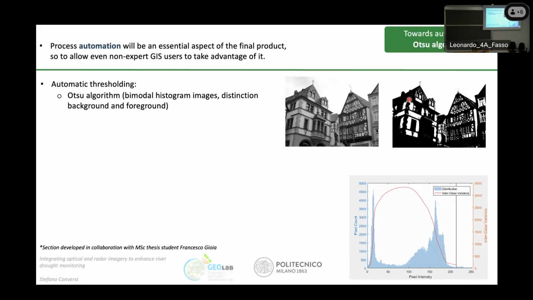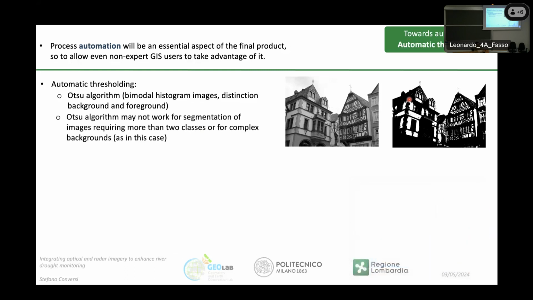We found this algorithm, an automatic thresholding algorithm for which, given bimodal images, the system is capable of autonomously extracting the value that maximizes the interclass variance, and so the value that can be used for splitting the two different classes, water or non-water.